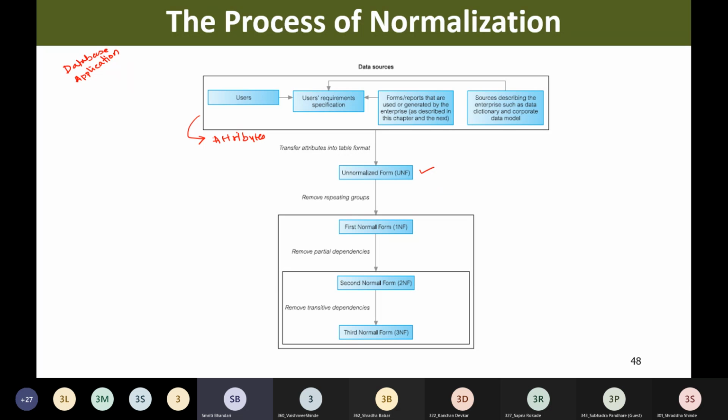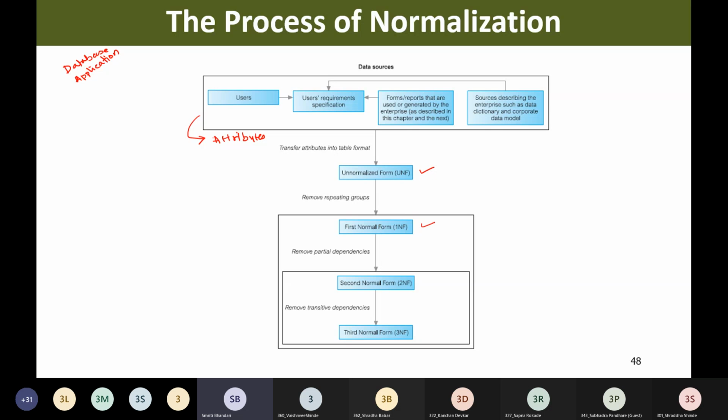It may happen that in this unnormalized form, we have certain data that is grouped together. Some of the attributes have groups, right? If we remove these repeating groups, then we come up with the first normal form.